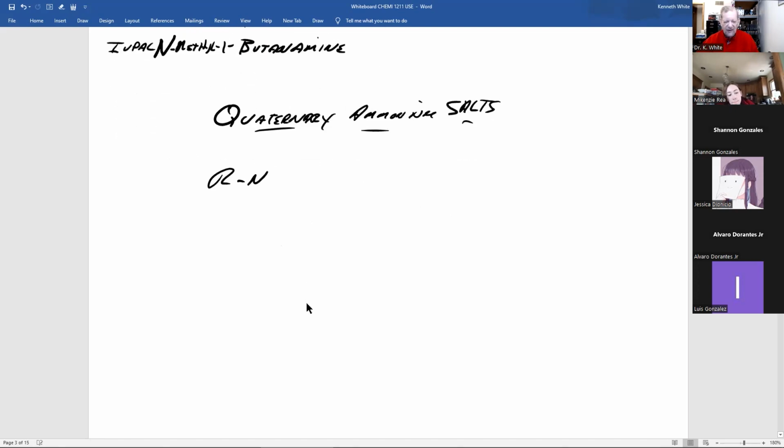Remember, a quaternary ammonium salt has 4 R groups. You don't have to put the charges, but I will. And here we have this molecule. And how do you name it?